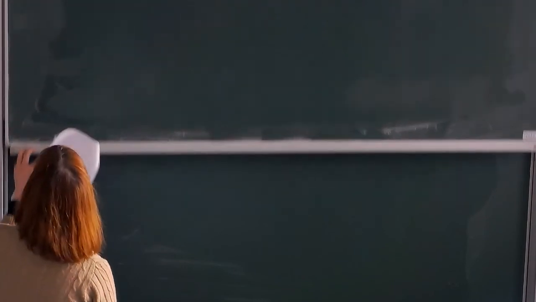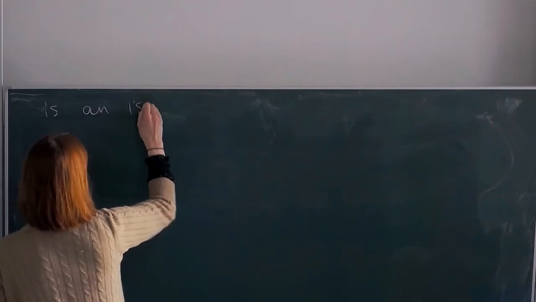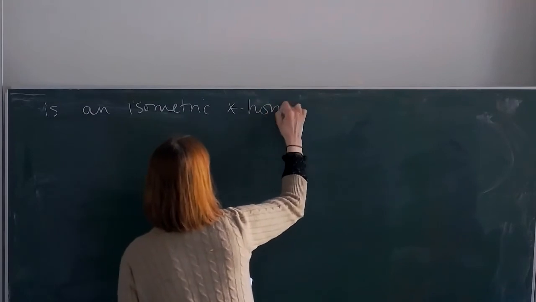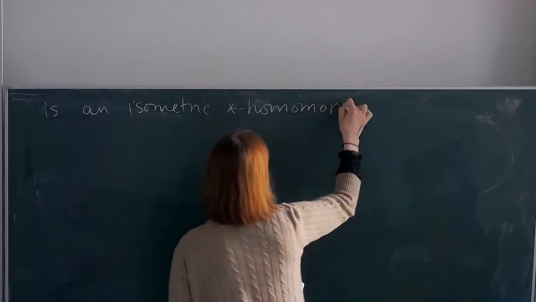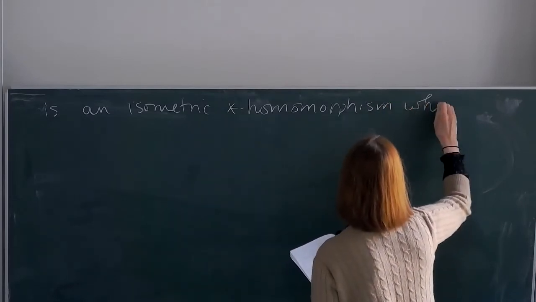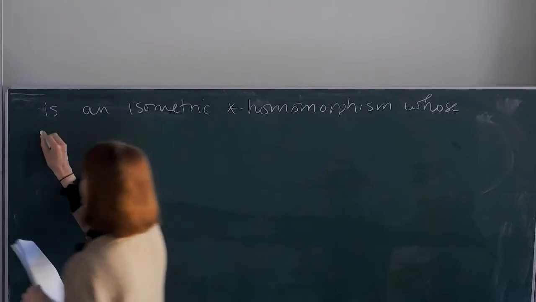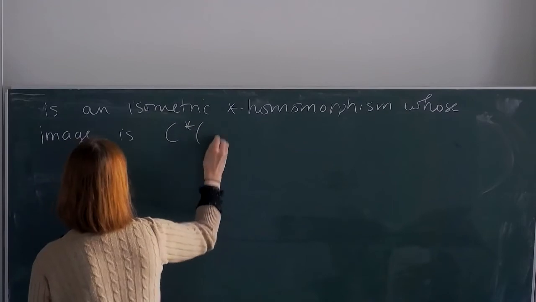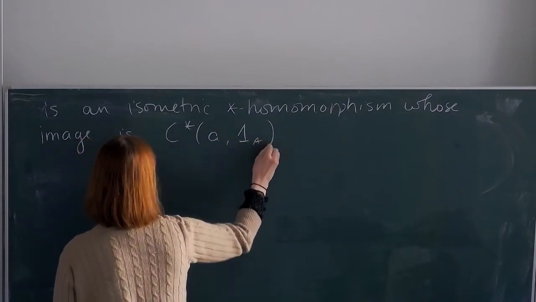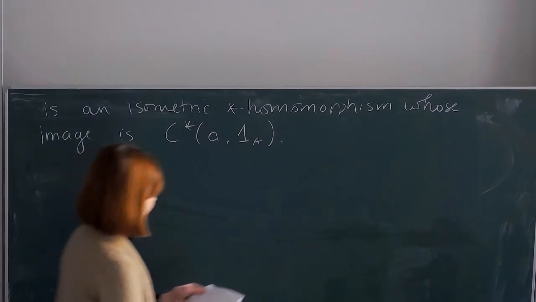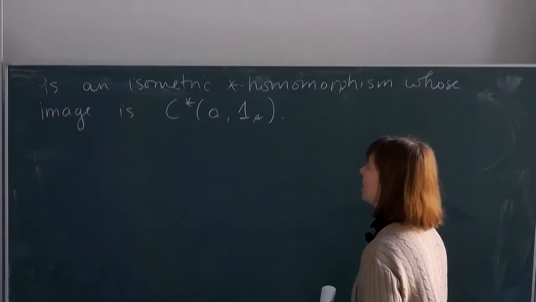This is an isometric star homomorphism whose image is the C-star algebra generated by A and the unit 1_A.